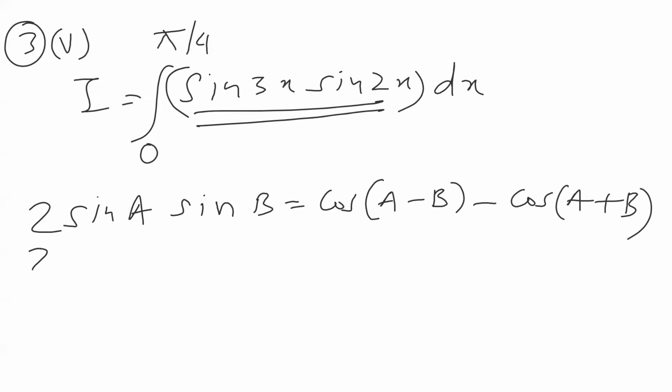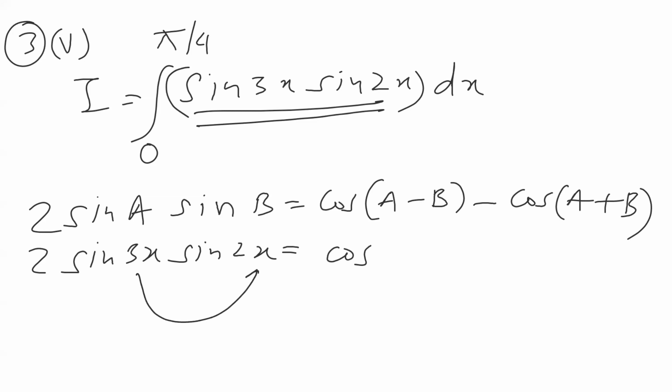So 2 sin 3x sin 2x is equal to cos 3x minus 2x, that is x, minus cos 3x plus 2x, that is 5x.